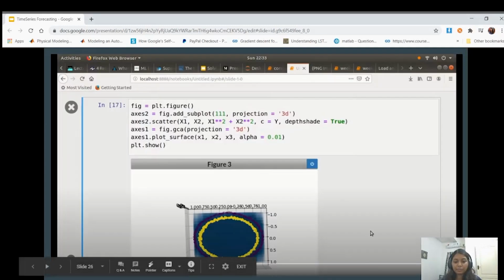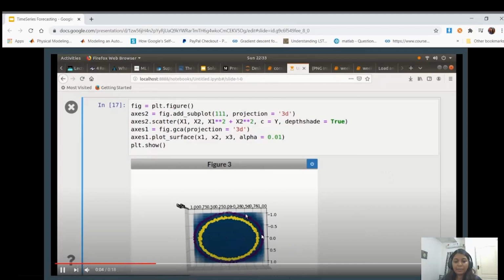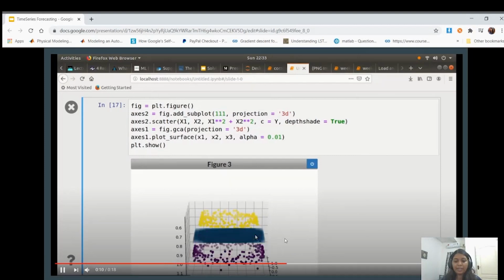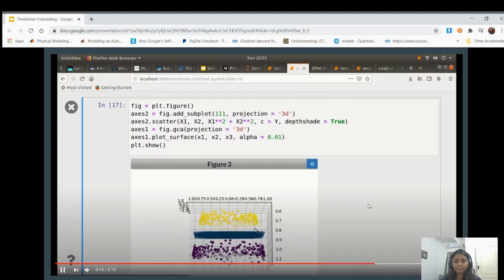A simple example could be this. You cannot differentiate with the plane, but when you increase its dimensionality to 3D, you can easily differentiate the 2 classes.